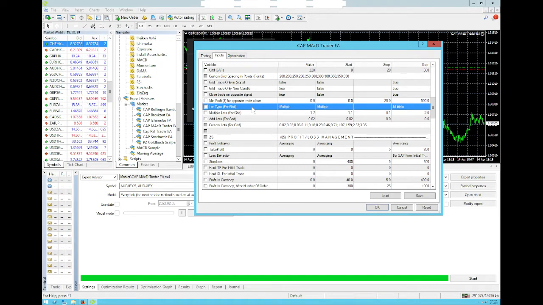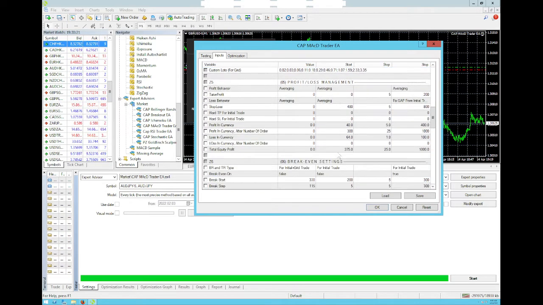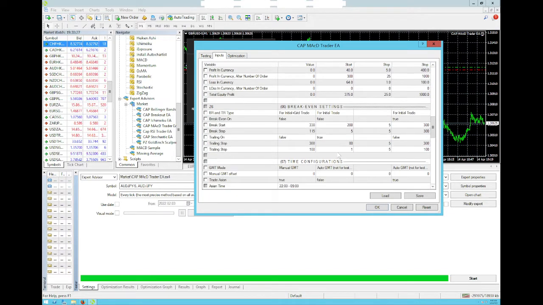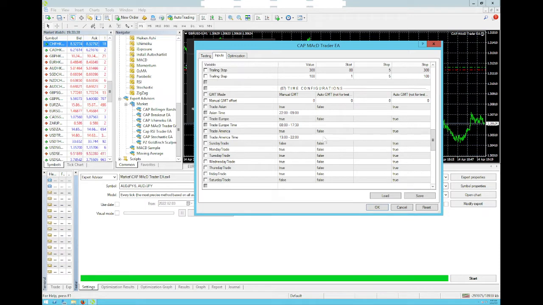Lot type for grid, I leave that at multiple, and I'll go through that later. But let's just focus on the starting calibration, and then we'll get into the break evens, trailing stops, or whatever. I haven't used this, and for Oanda, it doesn't let it download these stop times, but you might have better luck. And this is also a really great option to have. Actually, I do use it.